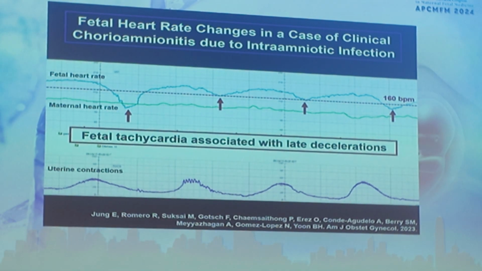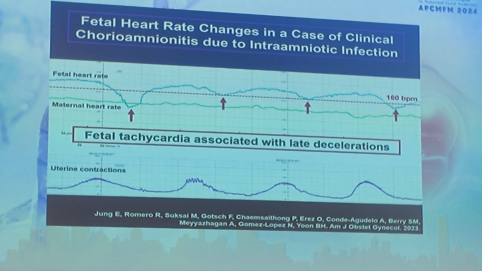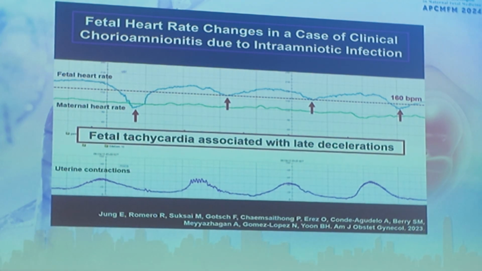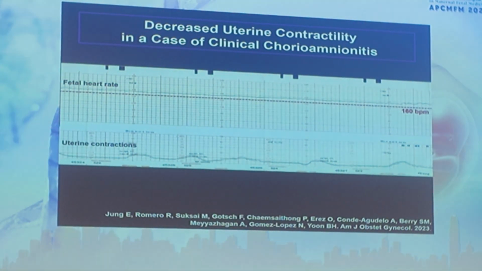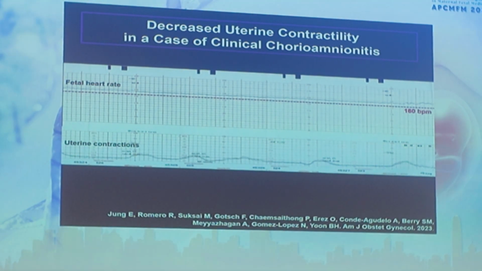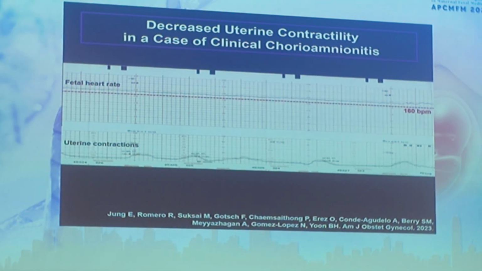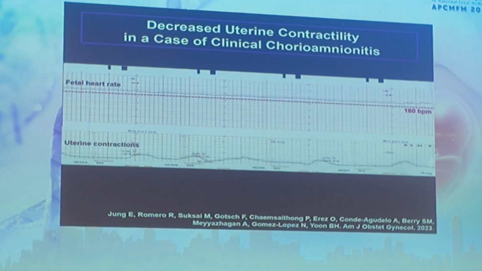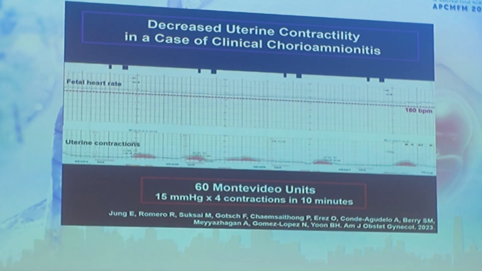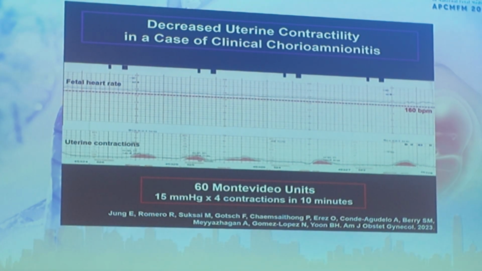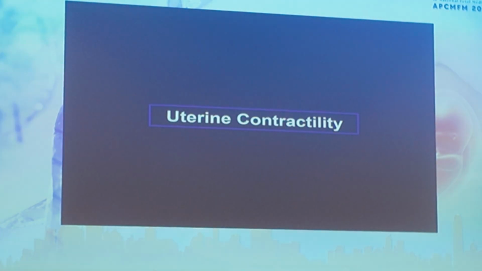If you have clinical chorioamnionitis with absence of variability, you need to consider that this is a sign that there is fetal inflammation. In addition to the fetal heart rate changes, another observation that is important is a decrease in uterine contractility and a decrease in the total activity expressed in Montevideo units. So how do we know that?